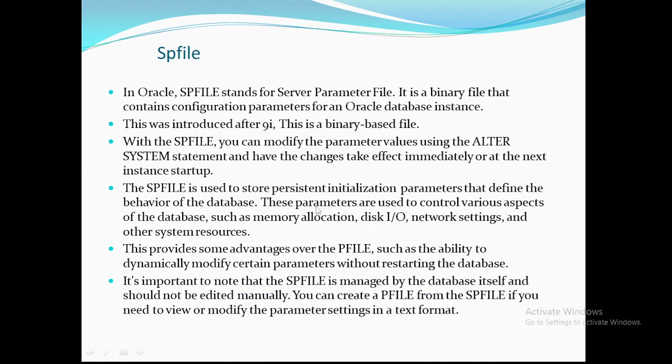The SP file is used to store persistent initialization parameters of the Oracle database. These parameters control various aspects of the database like memory allocation, disk IO, network settings, and other system resources. All those things we can manage using the SP file.